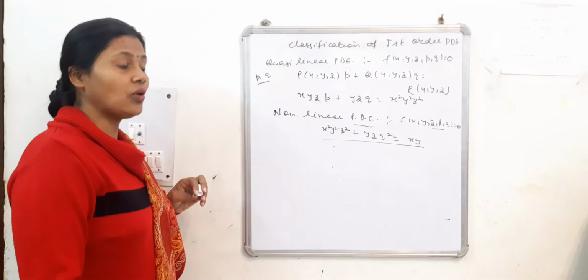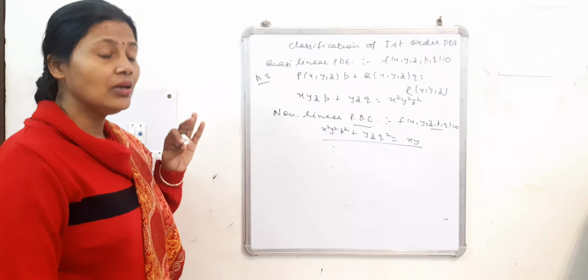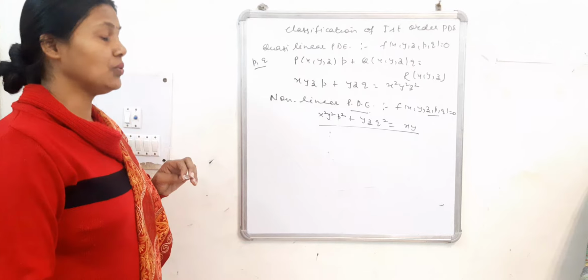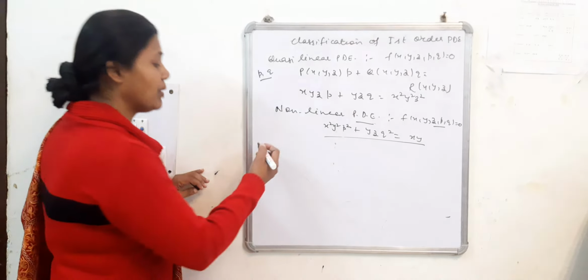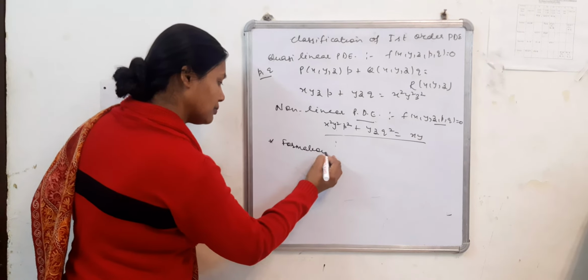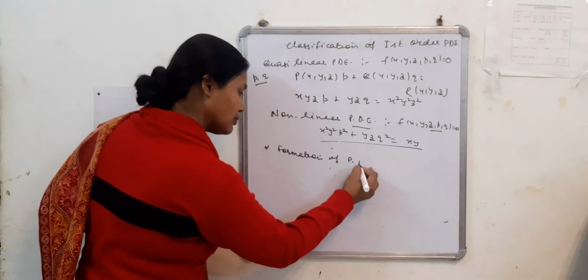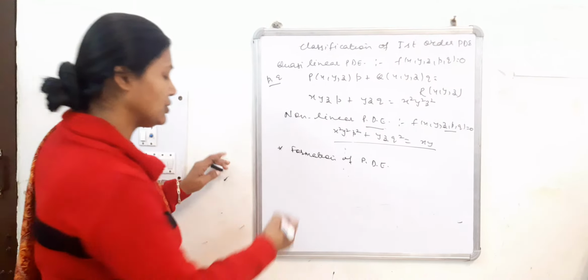Now we come to the topic: the formation of the partial differential equation, how we can form the partial differential equation. There are 2 ways to form the partial differential equation.